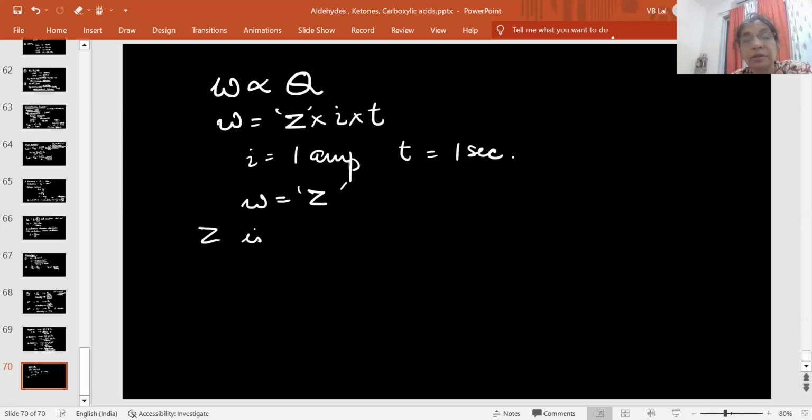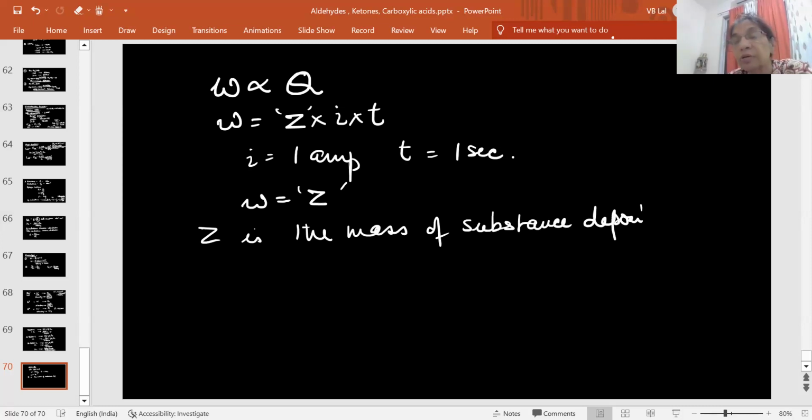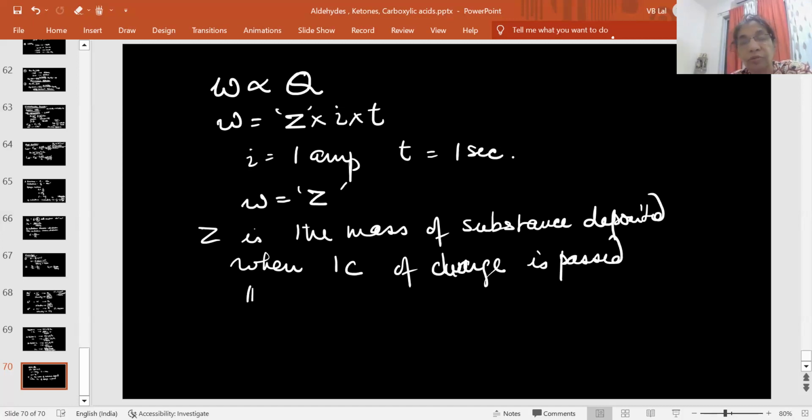Z is the mass of substance deposited when 1 coulomb of charge is passed through the electrolyte.